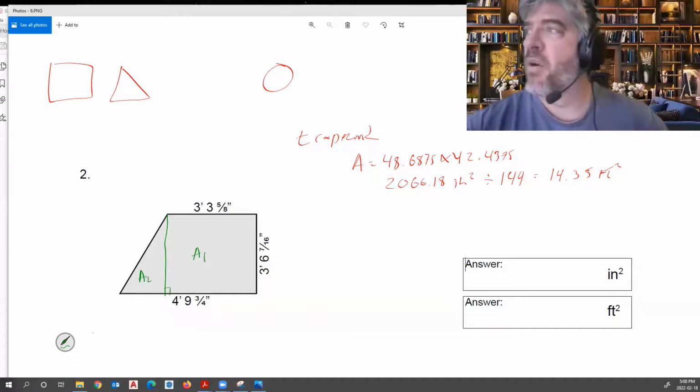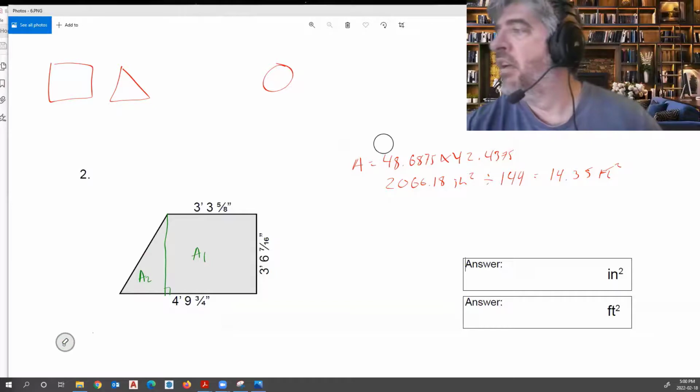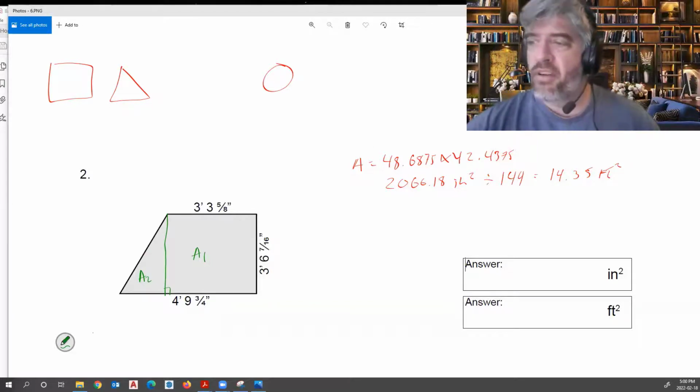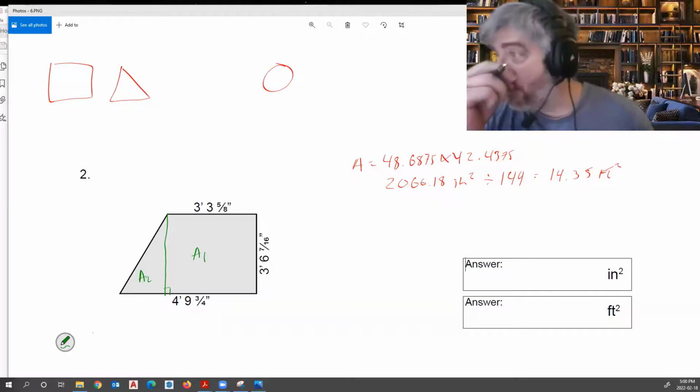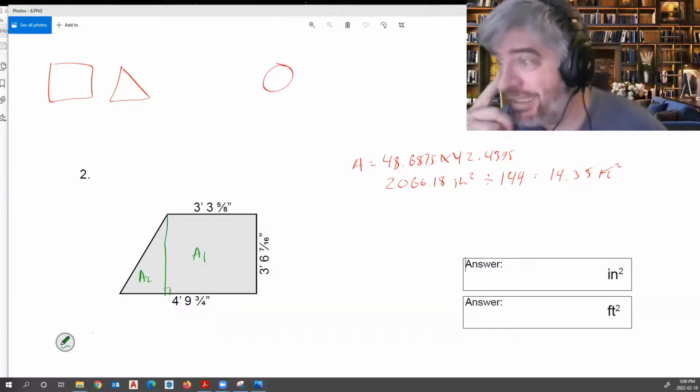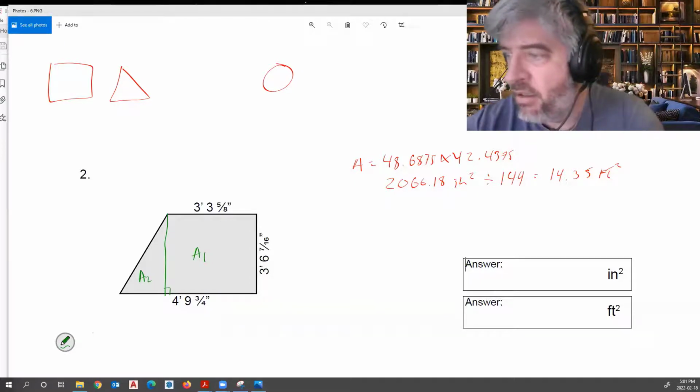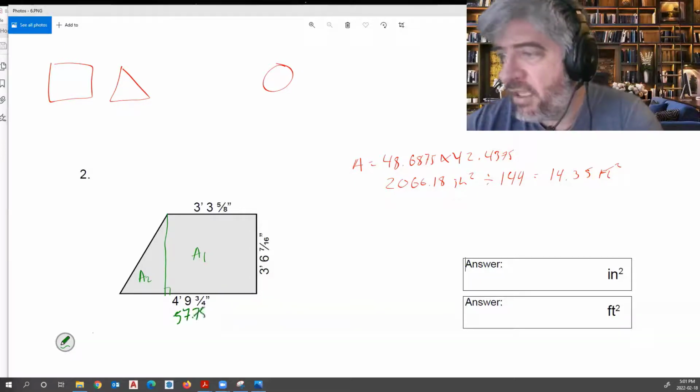There is a little bit more legwork involved in this one. I should have kept all my numbers, but I didn't. So let's first quickly write in some values here. 4 times 12 plus 9, 57.75.